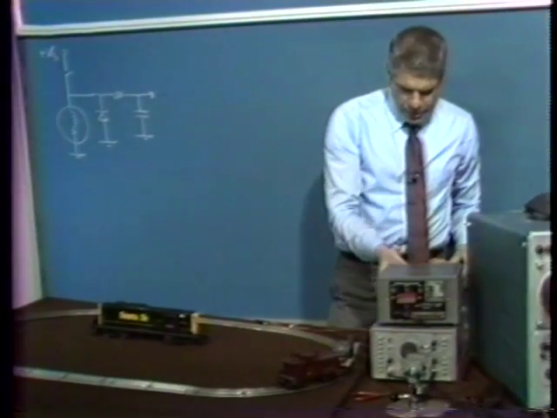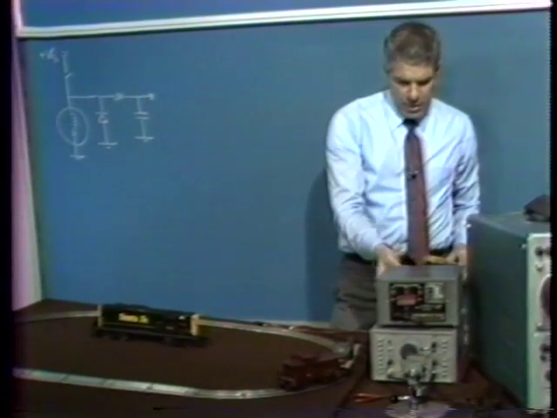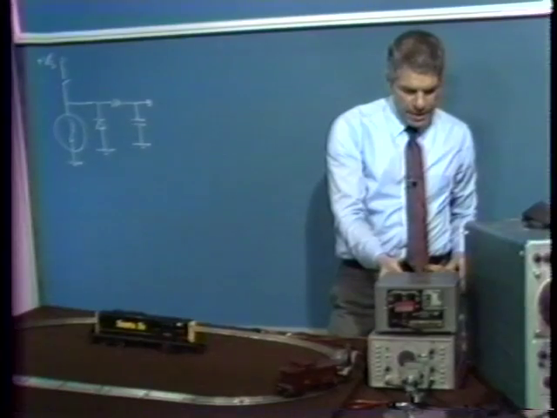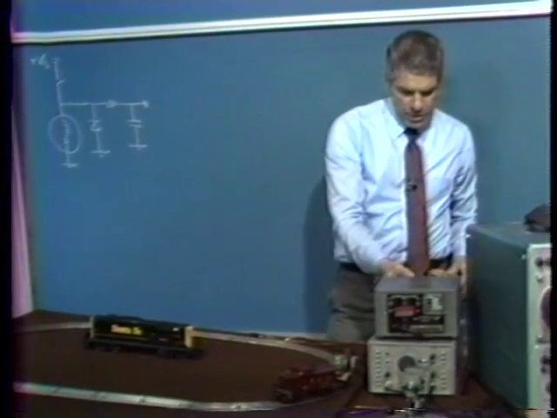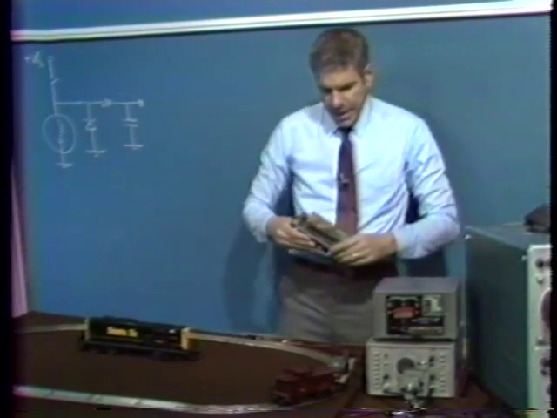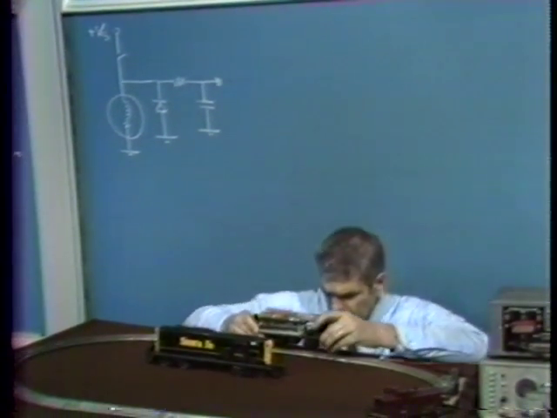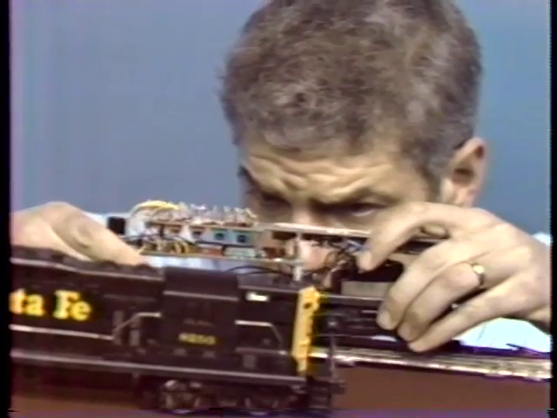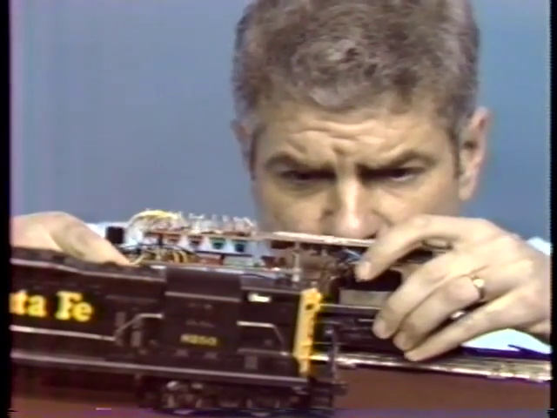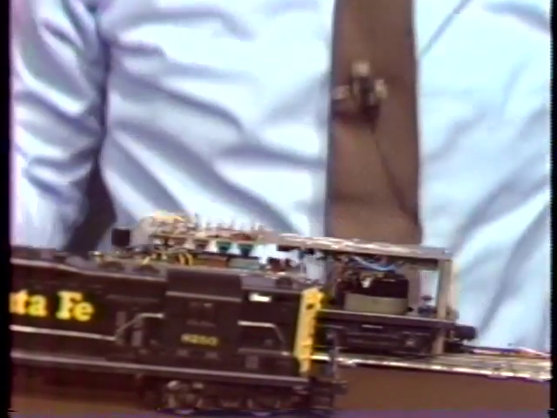In order to do this, rather than change the voltage to control speed, I apply a fixed voltage to the track, and the speed control system that's built into the engine then controls the speed of the engine using the fixed voltage on the track as its power supply.